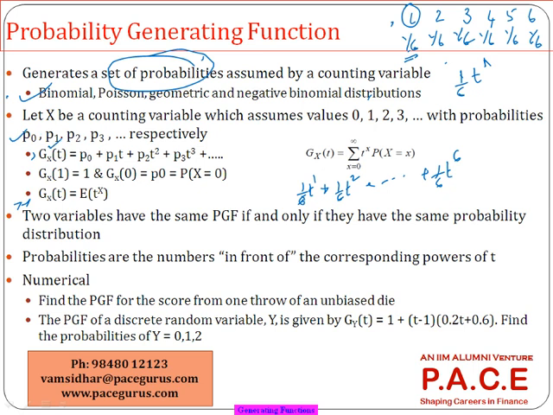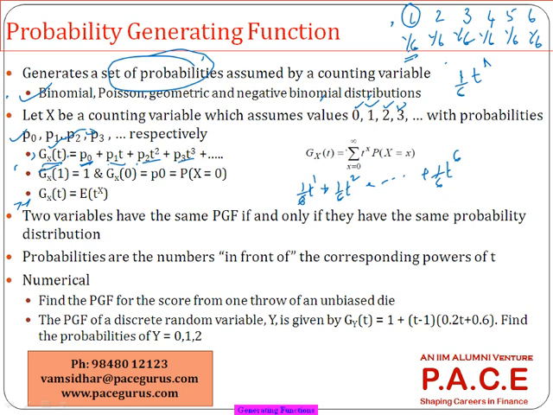All we are doing here is, if P0, P1, P2 are the probabilities associated with getting a 0, getting a 1, getting a 2 and so on, then your probability generating function is P0 into t power 0, P1 into t power 1, P2 into t square, P3 into t cube and so on. So all the probabilities multiplied by t to the power of something.